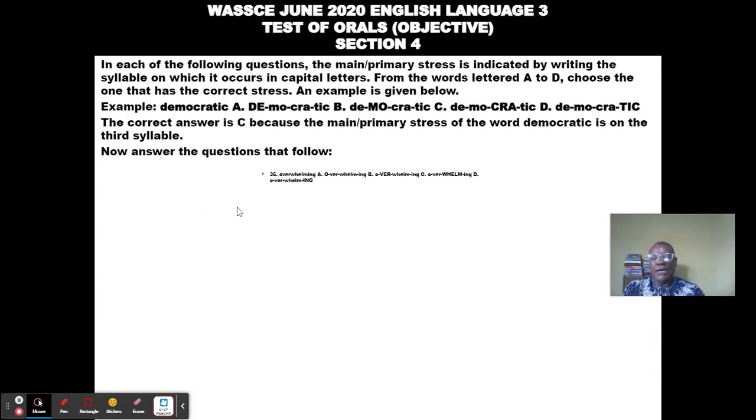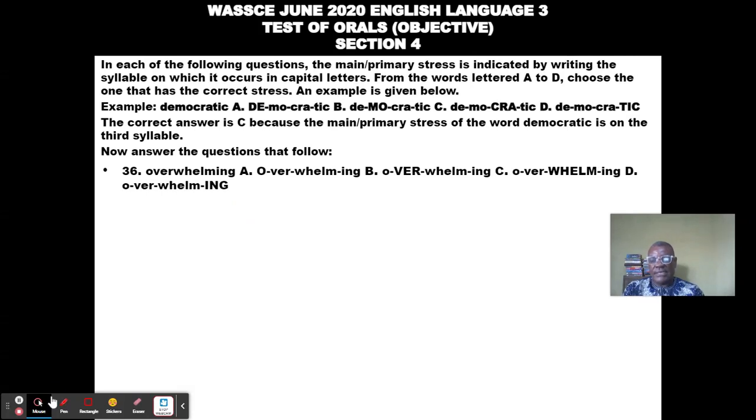Okay, and here we have question number 36. The given word is overwhelming. Now, this is about stress, main or primary stress. And there are rules that apply, but one of the rules is what I call the rule of intuition.